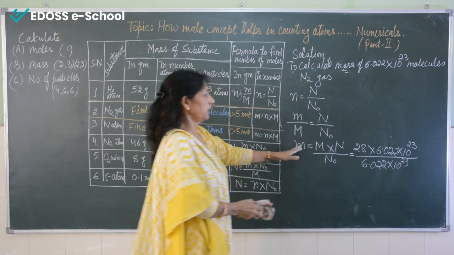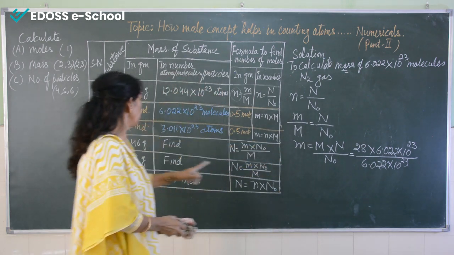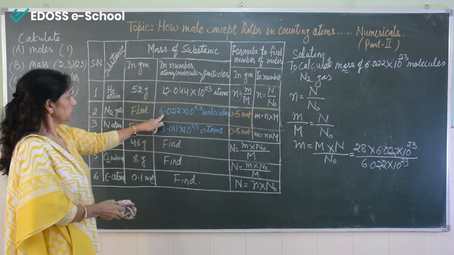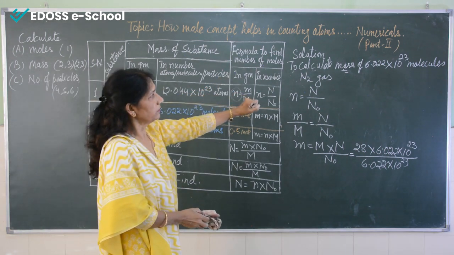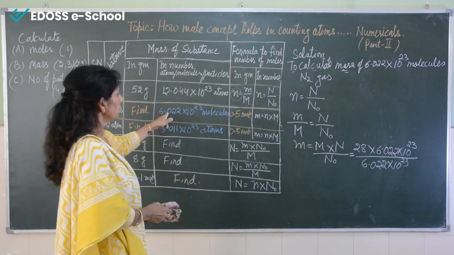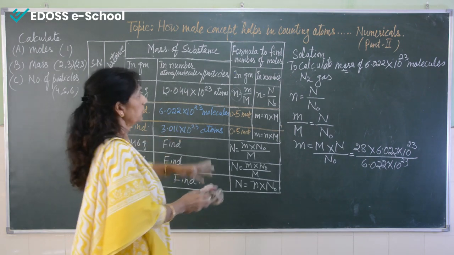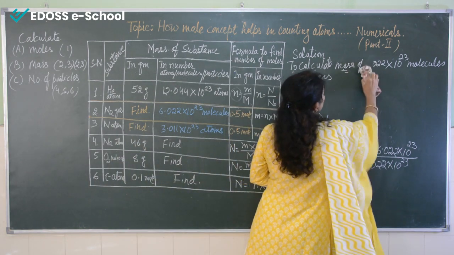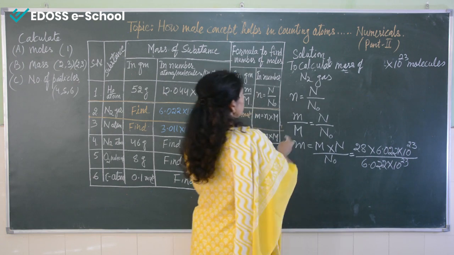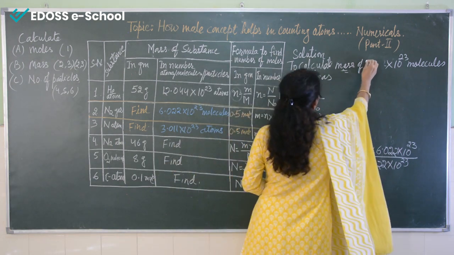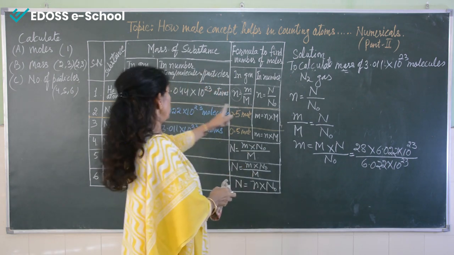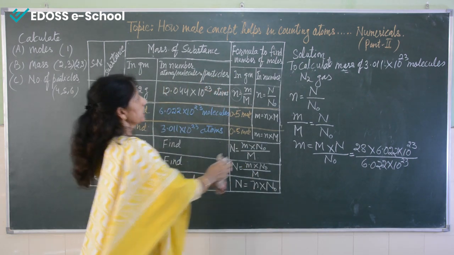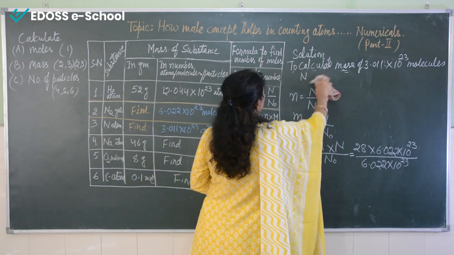So we can calculate it. So this will be the mass of this much molecules. If in the same question, in place of this we take 3.011 into 10 raised to power 23 molecules, but in place of nitrogen gas now it is nitrogen atom.